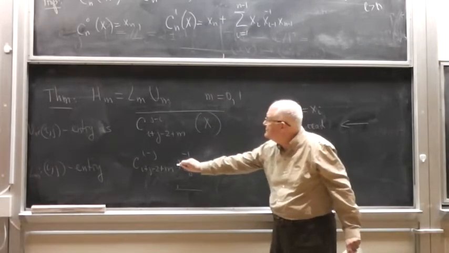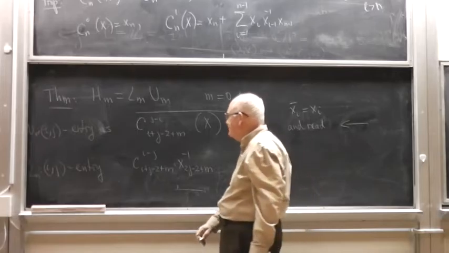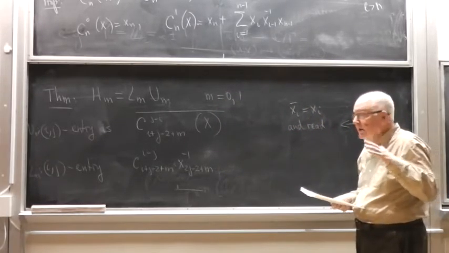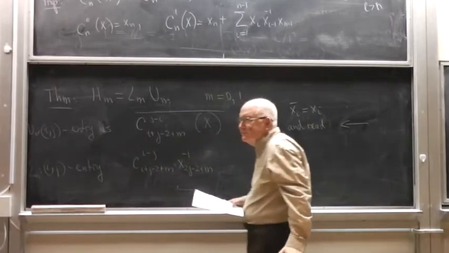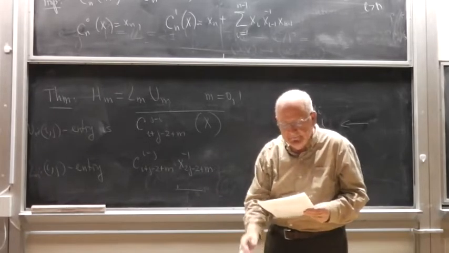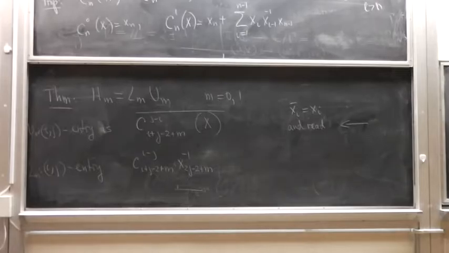And so you need this product to get ones on the diagonals. Okay, but basically I'm more interested in the inverses to these matrices, which I will define right now.